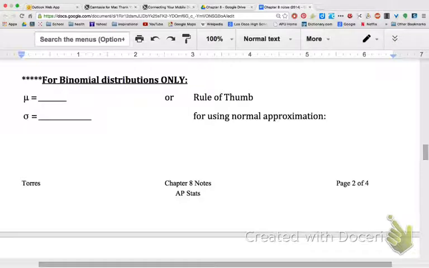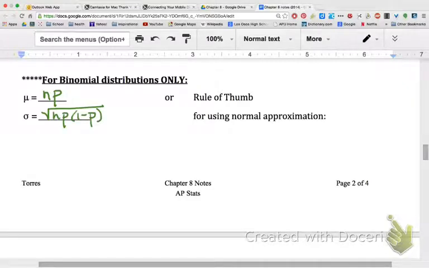If I want to find the mean for a binomial, then the mean is equal to n times p. Remember, we defined those up above, where n is the number of trials and p is probability of success. And the standard deviation is equal to the square root of n times p times 1 minus p.